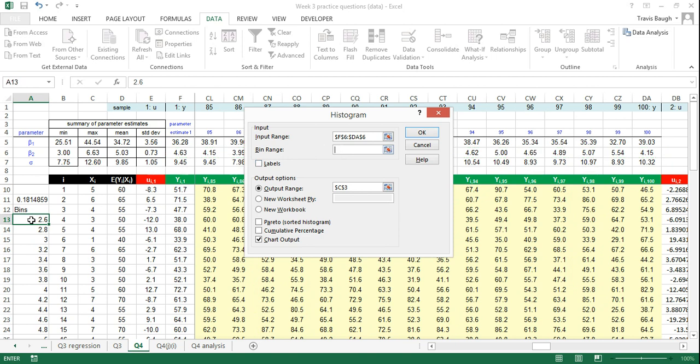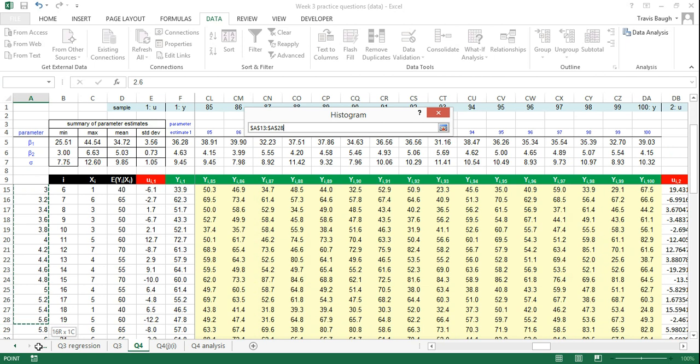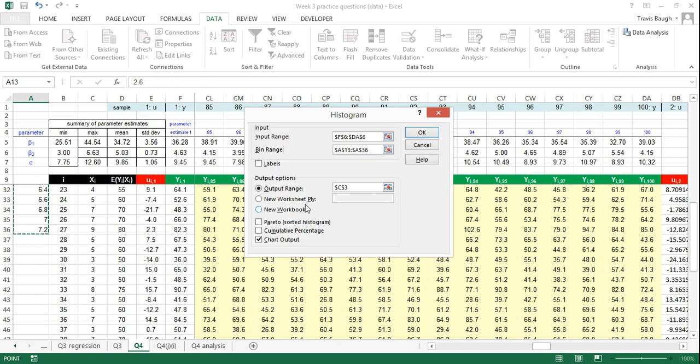The bin range is going to be these values I just came up with here. Labels, no, didn't include any labels. The output range, I'm going to get that to be produced in a new sheet. And I want some chart output in addition to a frequency table.